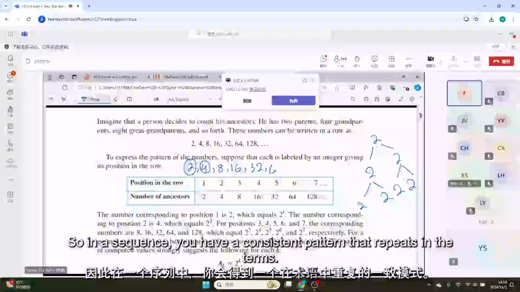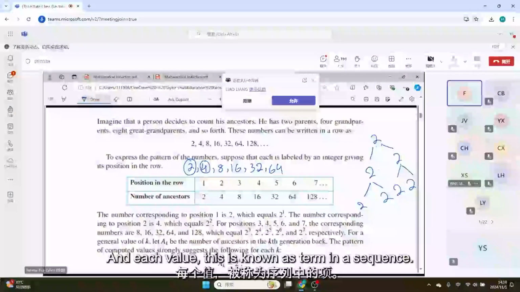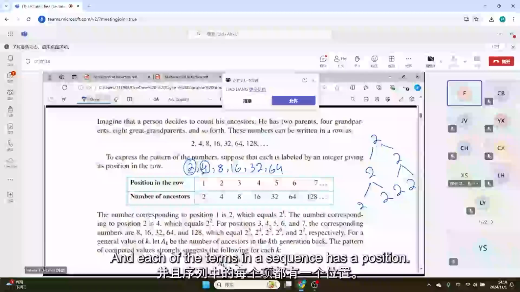So in a sequence, you have a consistent pattern that repeats in the terms. Each value is known as a term in a sequence, and each term in a sequence has a position.